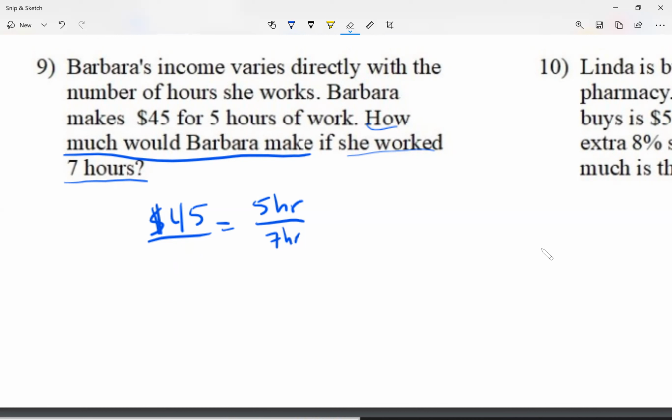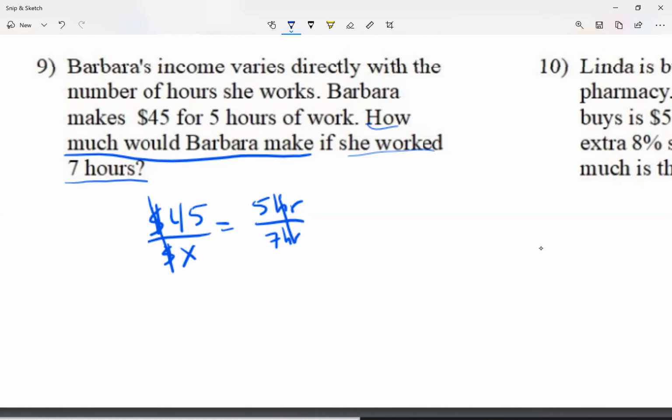I don't know how much money she's making, so let me say she makes X dollars. In mathematics, when we don't know the value of something, we replace it with a letter, usually X. So notice how on the left side I kept money with money. On the right side I kept hours with hours. The money signs cancel out. The hours cancel out. So I just have 45 over x is equal to 5 over 7.